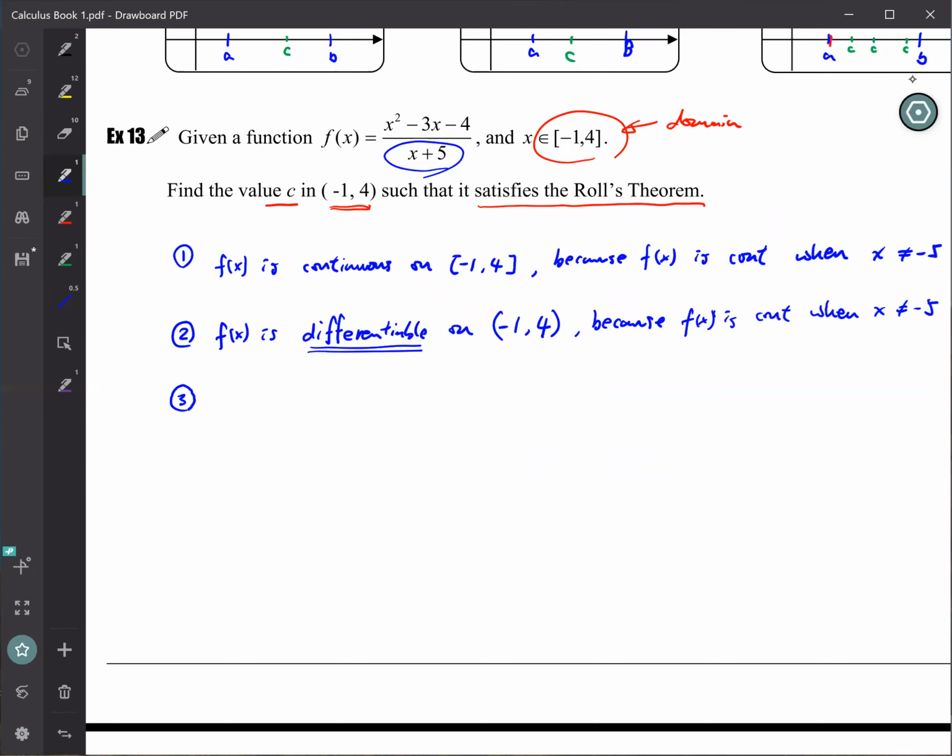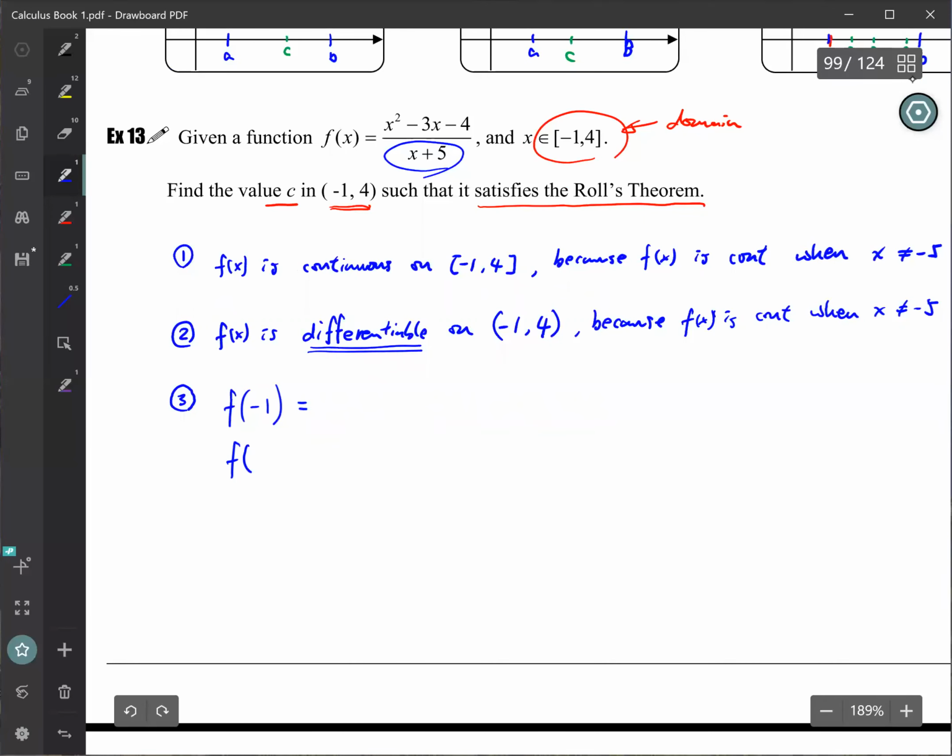What does it say? f of -1 is equal to f of 4?